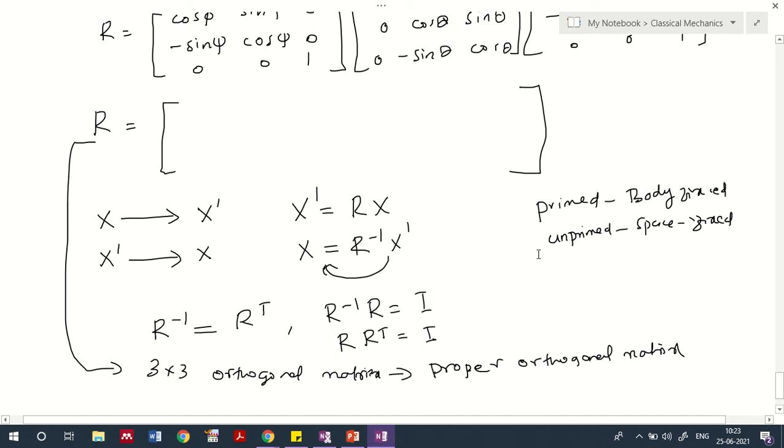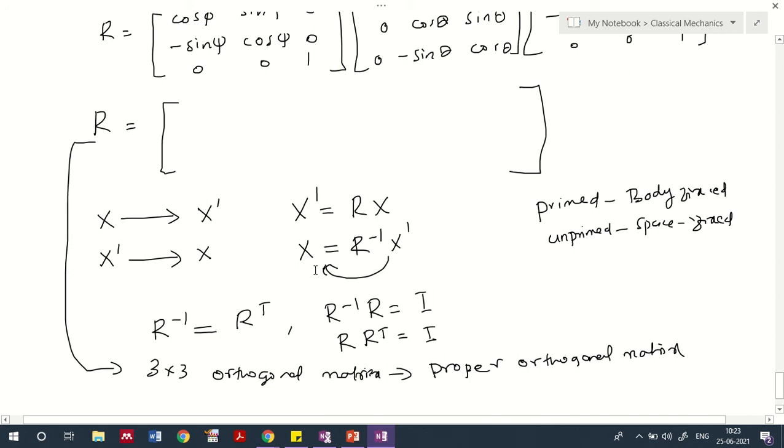So this is how we convert a primed coordinate, or space fixed coordinate, to a body fixed coordinate, and a body fixed coordinate to a space fixed coordinate. Operating on the space fixed coordinate by the matrix R gives the body fixed coordinate, and operating on x dash, the body fixed coordinate, by R inverse gives the corresponding space fixed coordinate system.